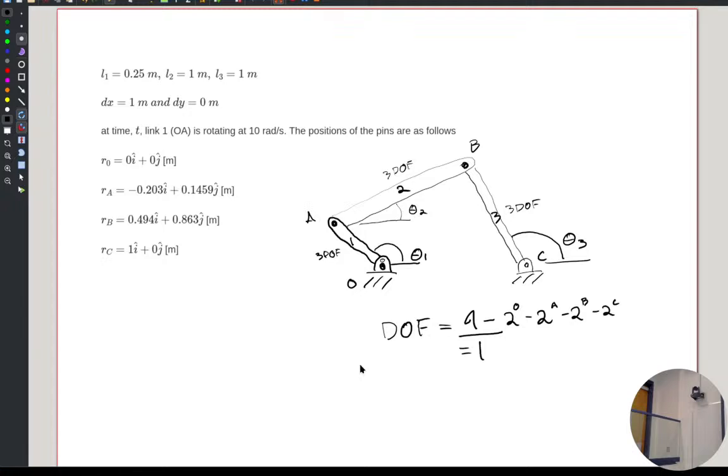So it's 1 degree of freedom. If I have 1 constraint, I should be able to solve this. How do I get there? How do I actually solve this other thing?